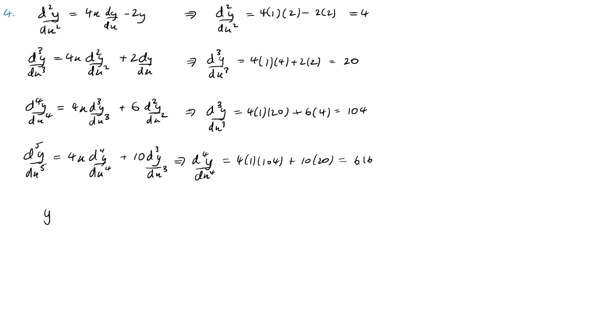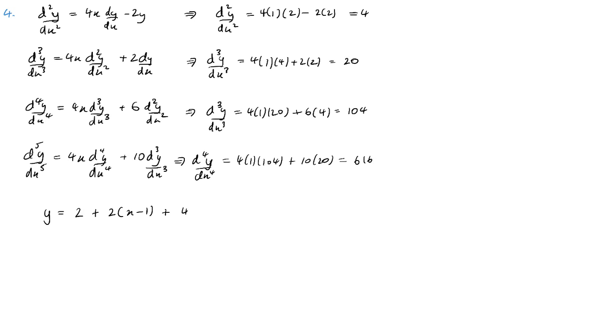So plugging this into the Taylor series, we have the first one, y is 2. Then we have dy by dx is 2, so it's 2 times x minus 1, isn't it? Because x0 is 1.